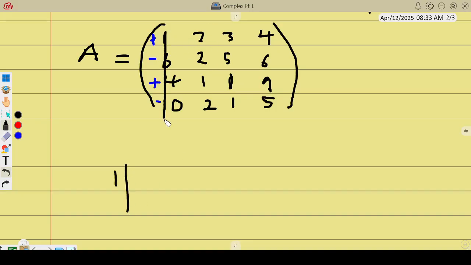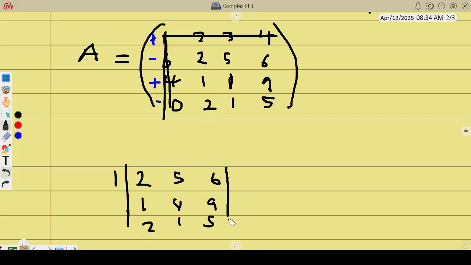If we cancel the row and column for 1, we're going to end up with 2 5 6, 1 8 9, 2 1 5. You don't have to show the cancelled ones.